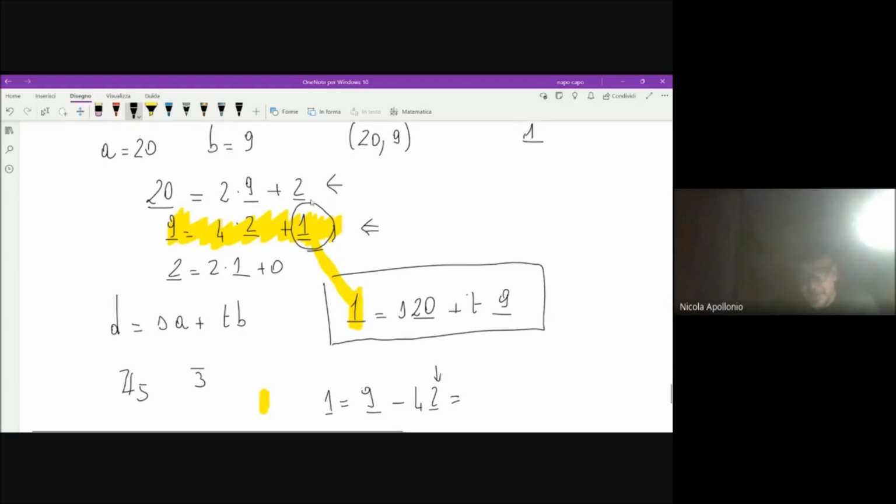And you can express 2 in terms of the other numbers. So you get 9 minus 4 times... you transport 2 times 9 to the other side. So 20 minus twice 9.